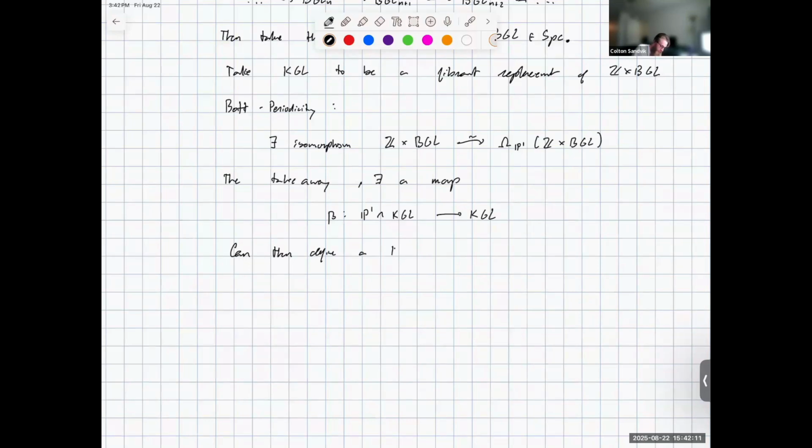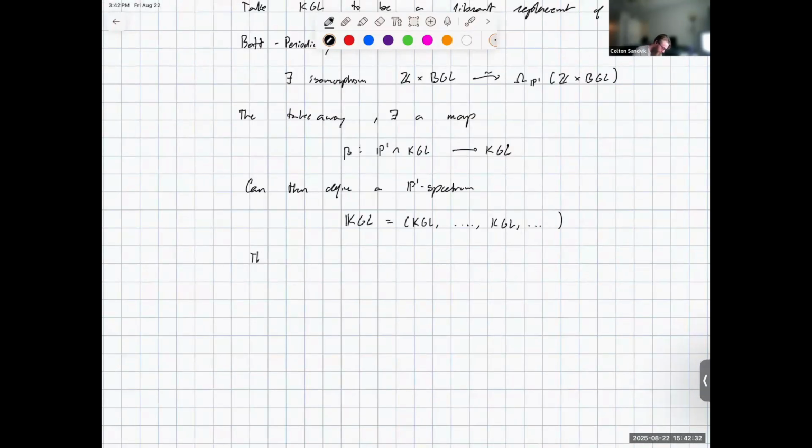So we can then define a P1 spectrum, and I'm going to denote this KGL in bold just to make it look visually distinct from before, but it's just an infinite sequence of these KGLs.